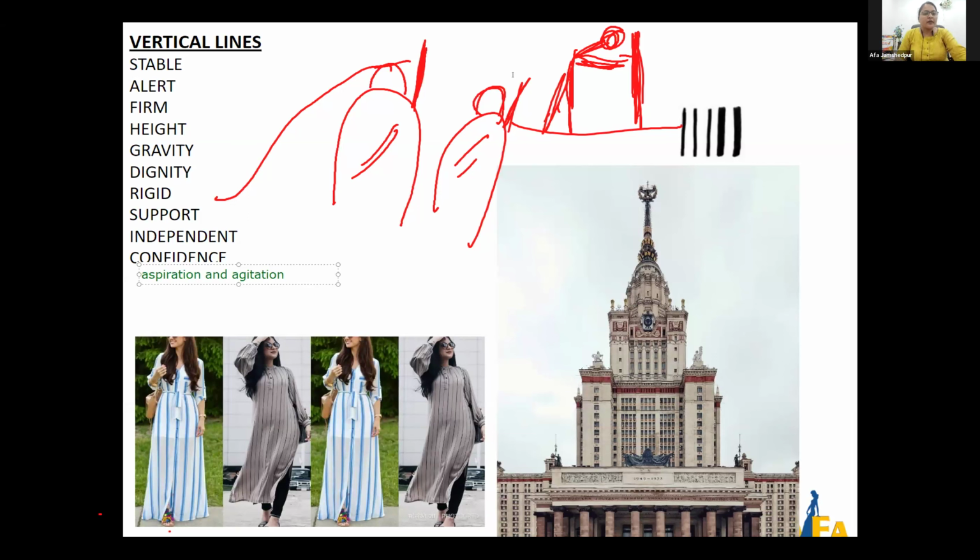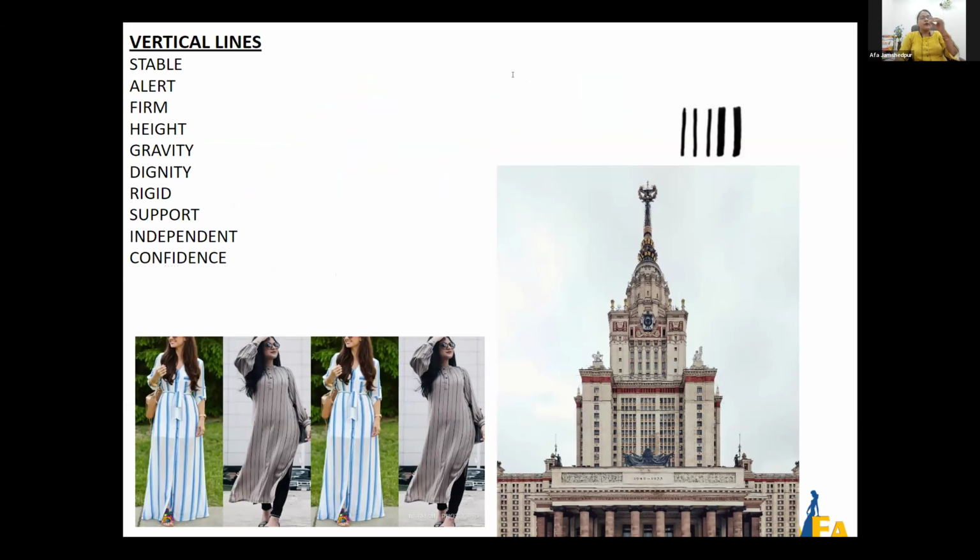I hope you must have written the many examples I mentioned. You can also additionally write lifts. Do they work vertically? Lifts work vertically. Walls and legs of table and chair, I already told you. Falling of something from height goes straight vertically downward, and that is because of gravity. So that you can write.